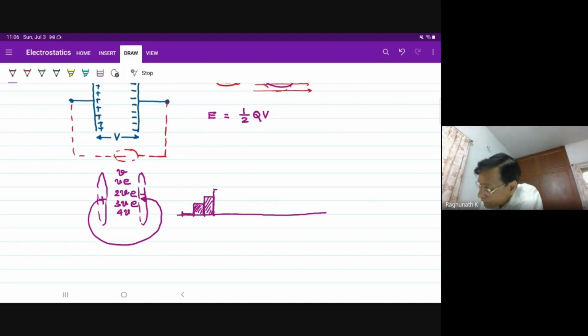Next 3, 3VE is the work done. Next 4. Like that, I will increase. Because there is nothing like tending to zero, but we can use that also. I will show it.